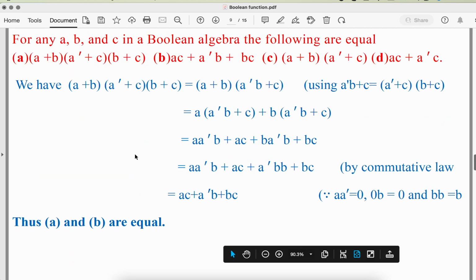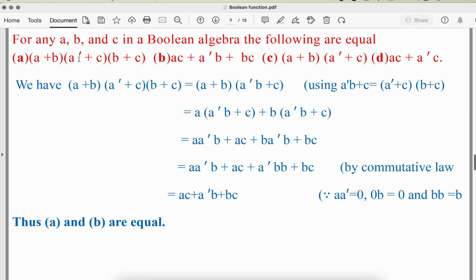One more example. For any a, b and c in Boolean algebra, the following are equal: (a + b)(a' + c)(b + c), ac + a'b + bc, (a + b)(a' + c), and ac + a'c. All these expressions are equal.